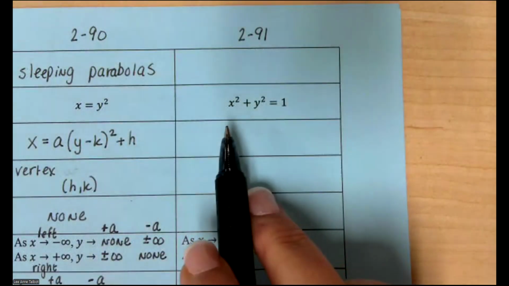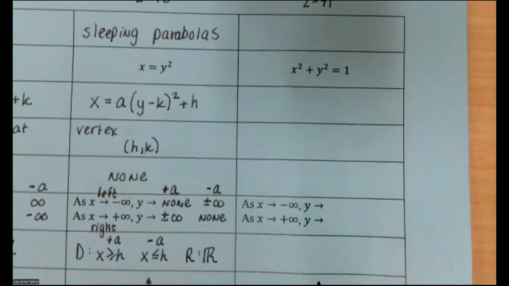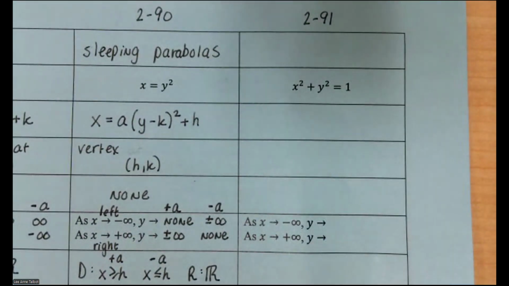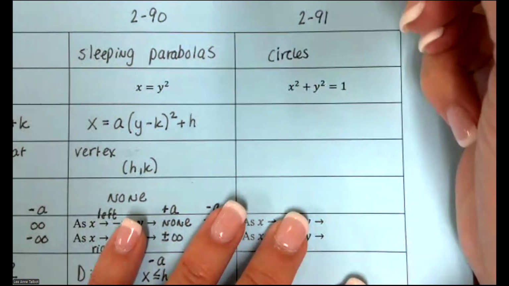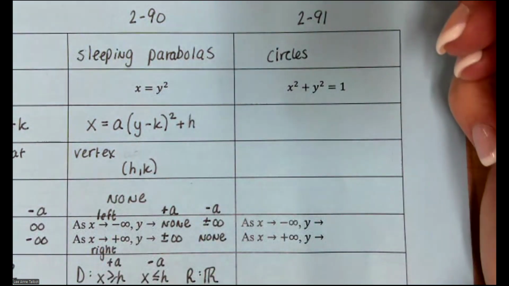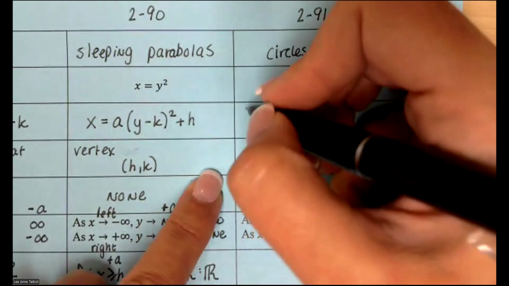Okay, now math 2, what is this? I heard it. What was it? Circles. Okay, and circles have a little bit of a different equation.